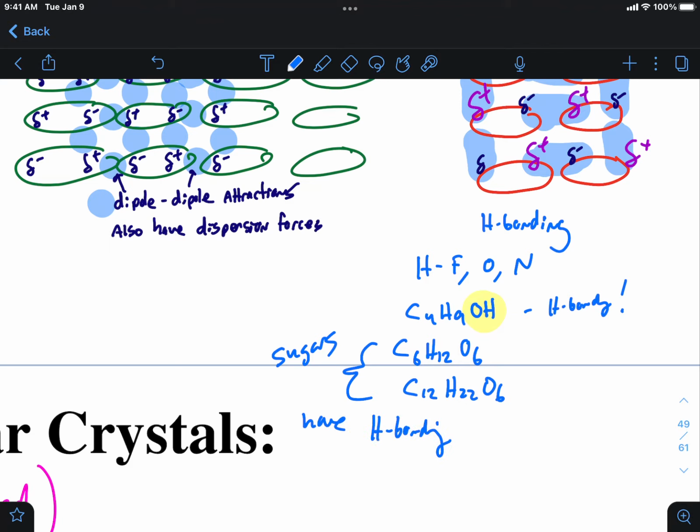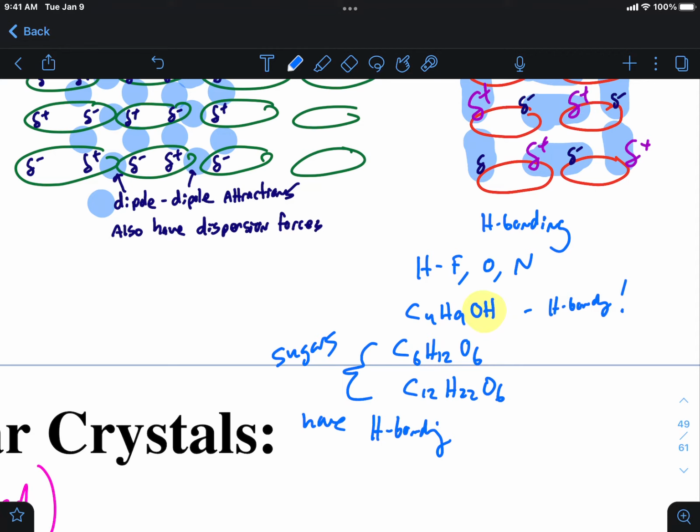So you just have to recognize the formula when you see them. Okay? It's going to have lots of hydrogens. It's going to have twice as many hydrogens as the carbons, but it's going to have just as many oxygens as the carbons. Those all have hydrogen bonding.